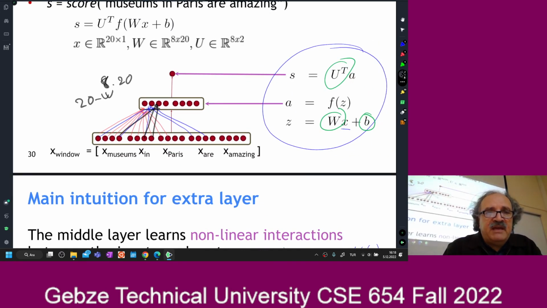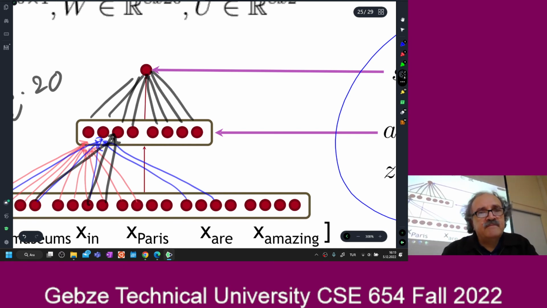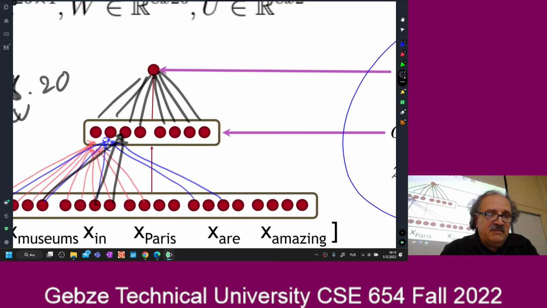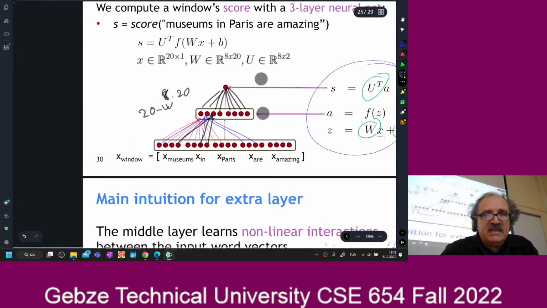But after that, this one will be connected to this one, right? So there are 8 W's here between this and that. This is the first layer, this is the second layer.